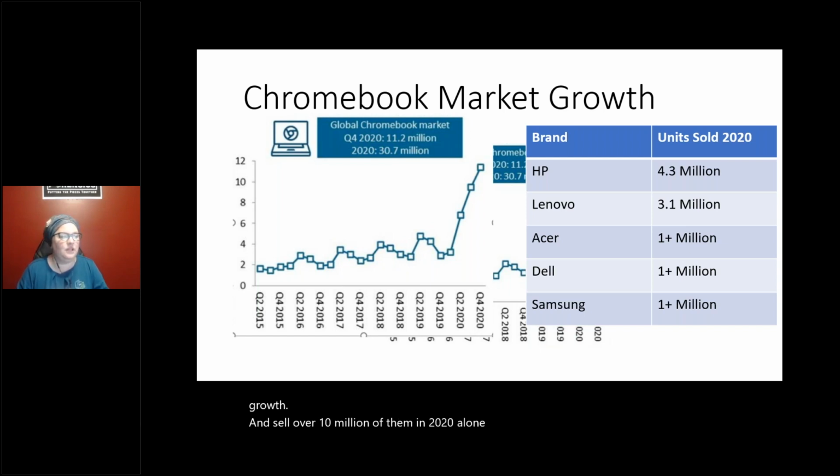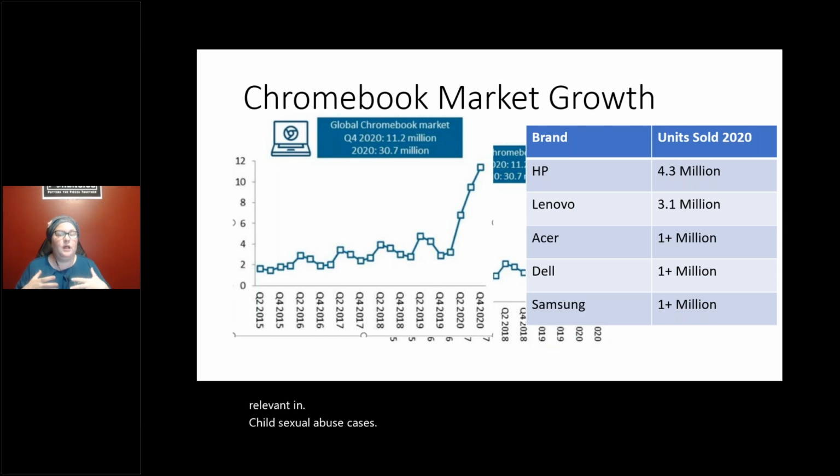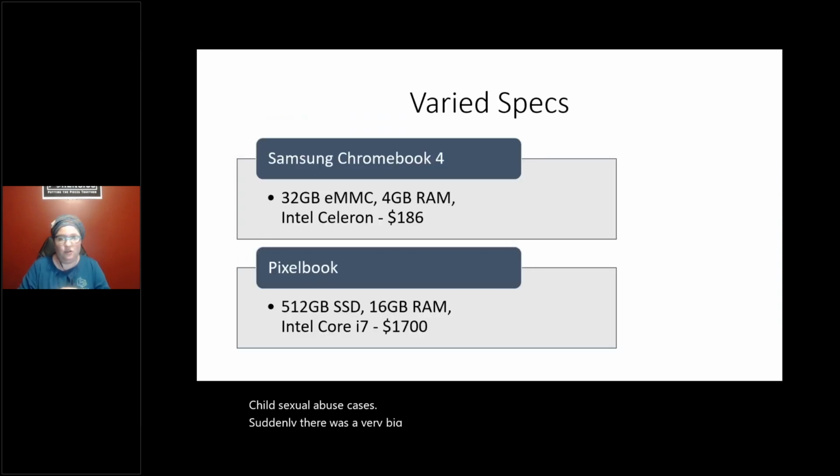This is really critical because Chromebooks became ubiquitous, particularly with children, which made them very relevant in child sexual abuse cases. So suddenly there was a very big interest in this research, and it wound up going much further.